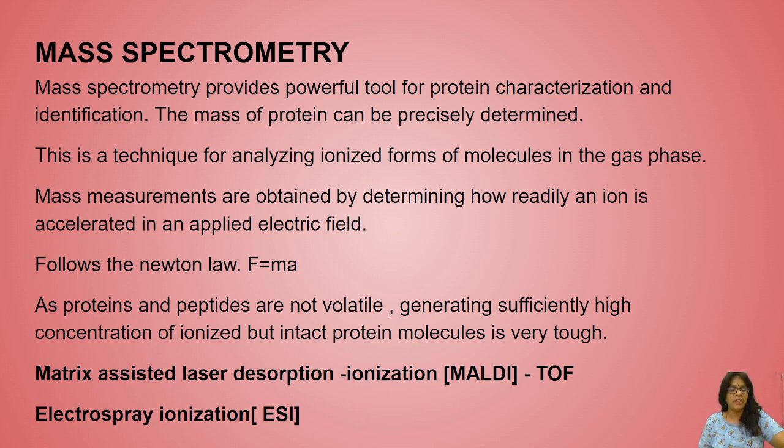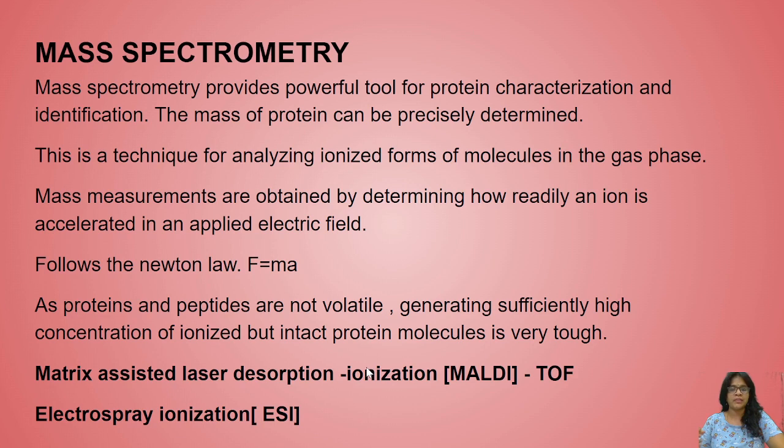That is why mass spectrometry mainly relies on MALDI, matrix assisted laser desorption and ionization, right? So you need a matrix for your compound to sit on. Then you add a laser of a certain wavelength, so that the particles get ionized.